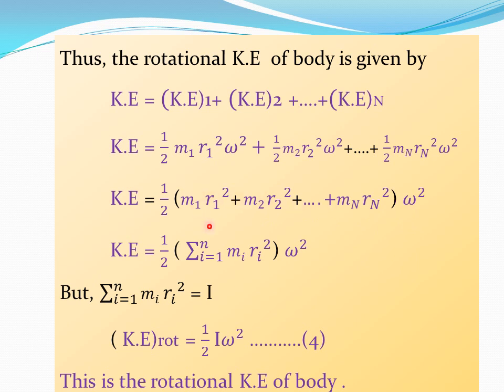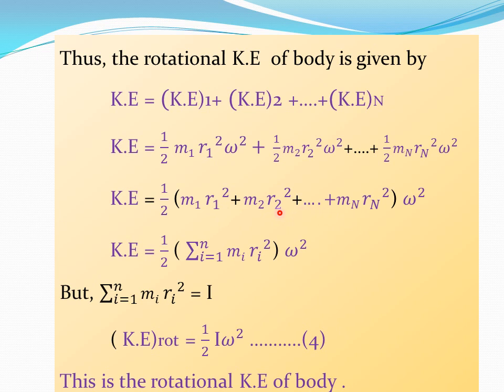So what will remain in the bracket after taking the constant? m1 r1 square, m2 r2 square, up to m_n r_n square. So we write in brackets these terms. If we see that, m1 r1 square, m2 r2 square and m_n r_n square can be written in the form of summation.